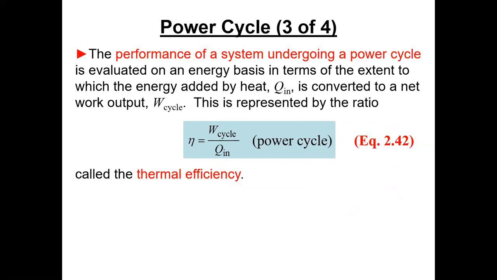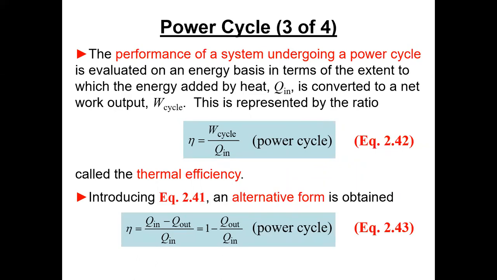Well, the costly input was the fuel that we burned to get the heat to put in the cycle. So Qn is the costly input, and the desired output is obviously the work. So that's our definition of efficiency. And we call it a thermal efficiency, because this is a thermal cycle.